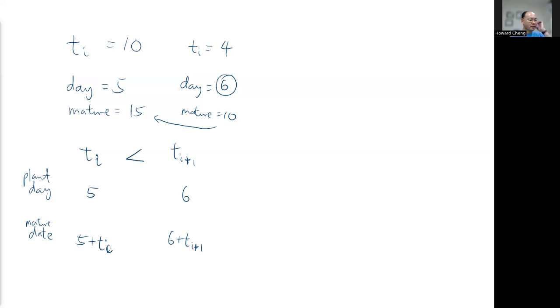If I plant the smaller tree earlier, then this is going to be less. And so the maximum, if I want to wait until both of these trees mature, is going to be 6 plus Ti plus 1.